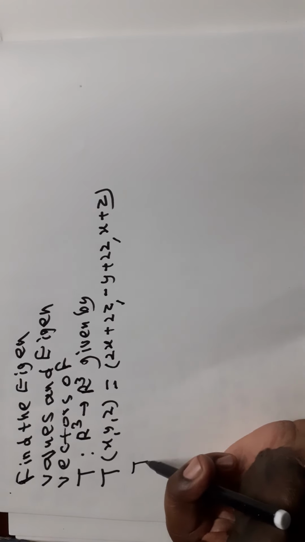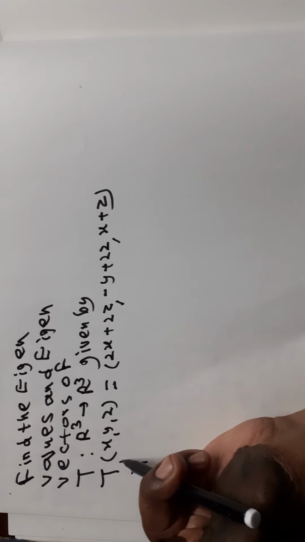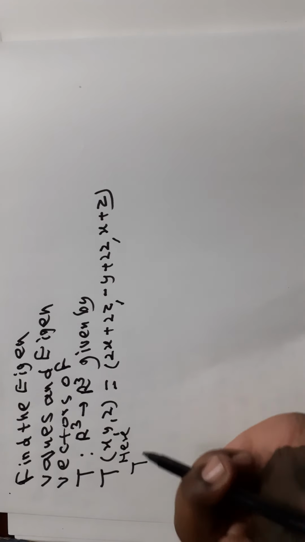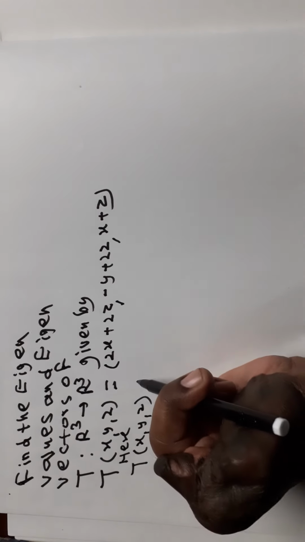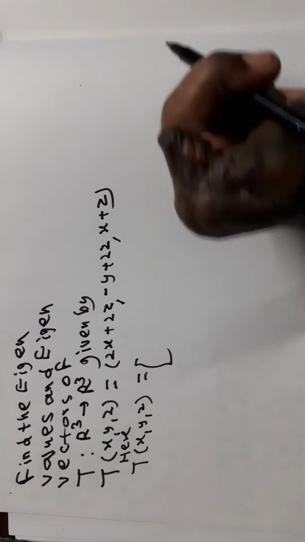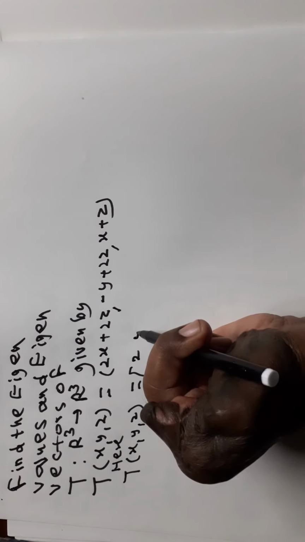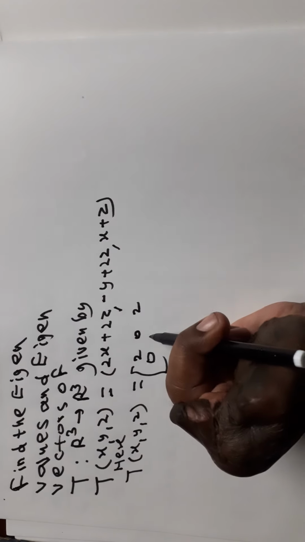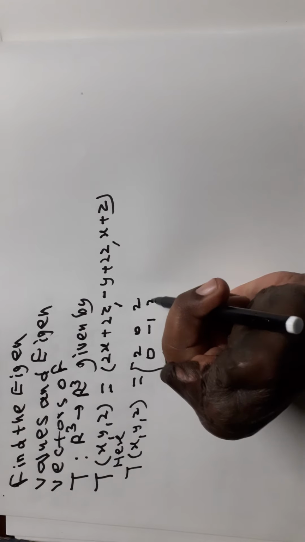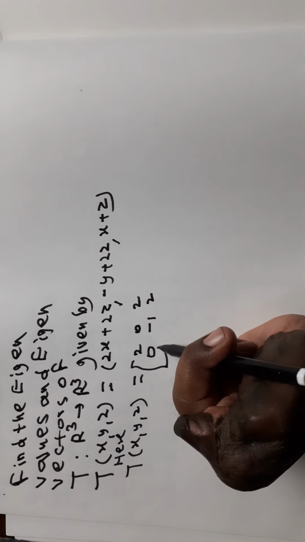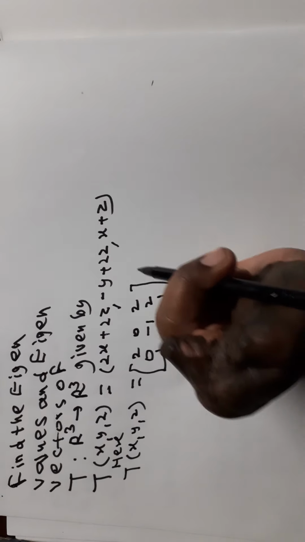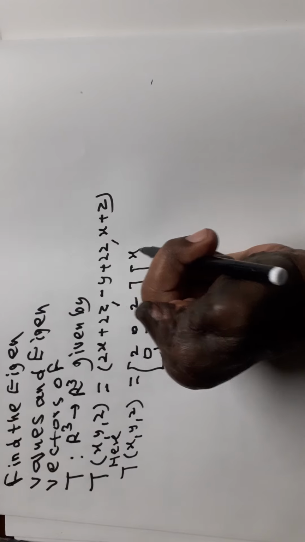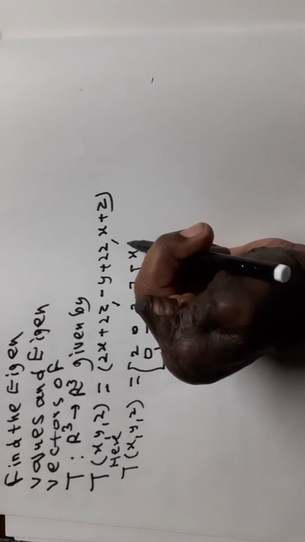T of (x, y, z) is equal to the matrix [2 0 2; 0 -1 2; 1 0 1] times the column matrix (x, y, z).